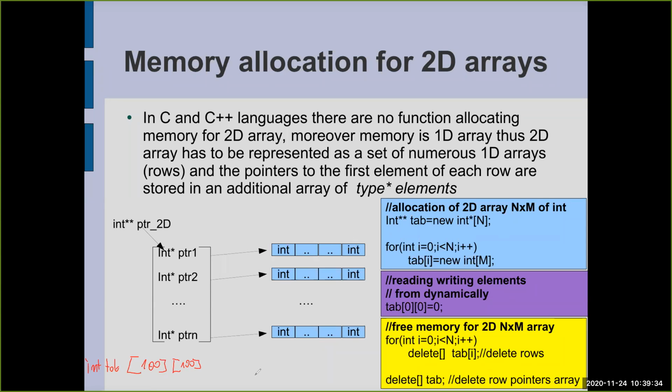But if I use it for representing a matrix 3 by 3 elements, here I have 10,000 elements, and I need only 9 elements from this matrix.